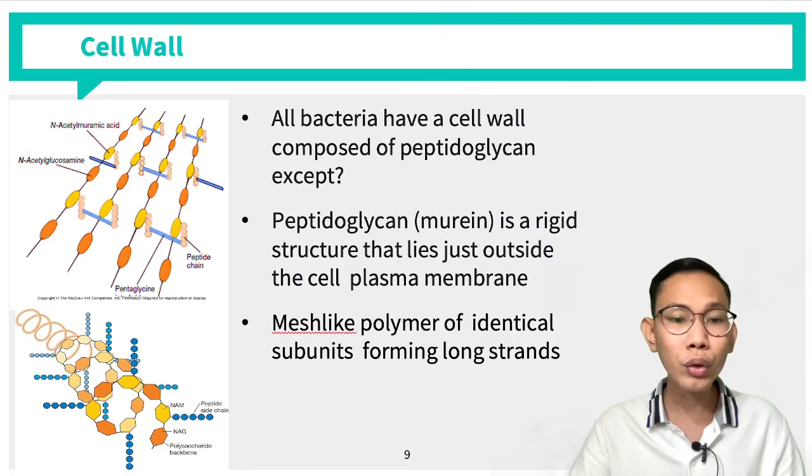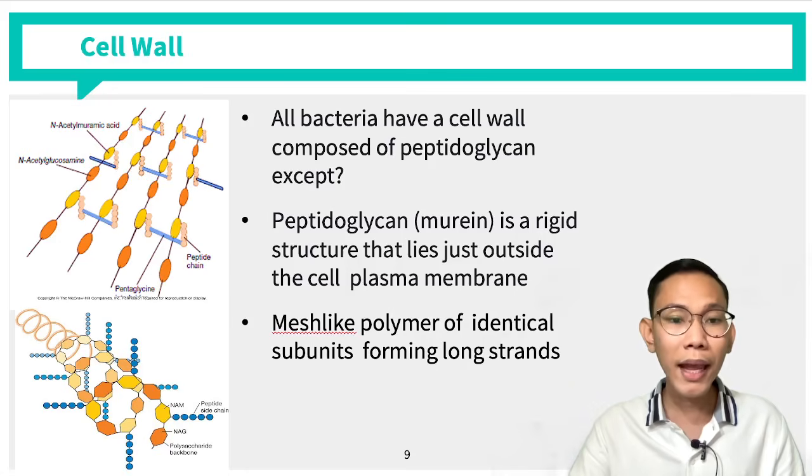Look, N-acetylglucosamine alternated with N-acetylmuramic acid, alternating here and also here. So this is your sugar backbone composed of alternating units of N-acetylglucosamine and N-acetylmuramic acid.